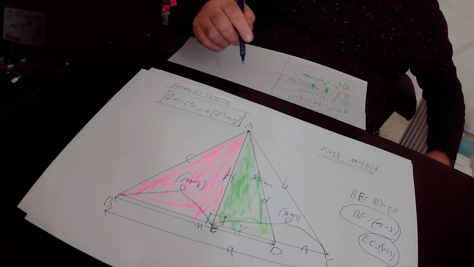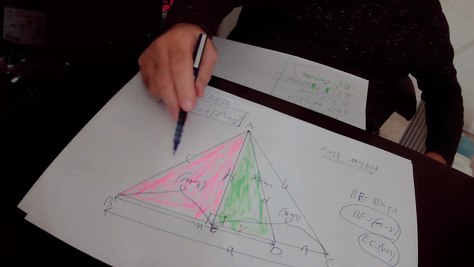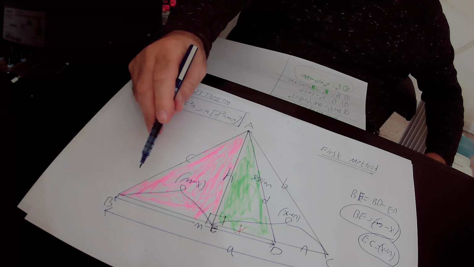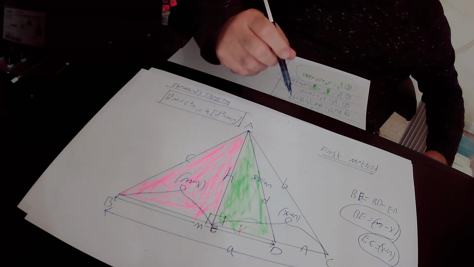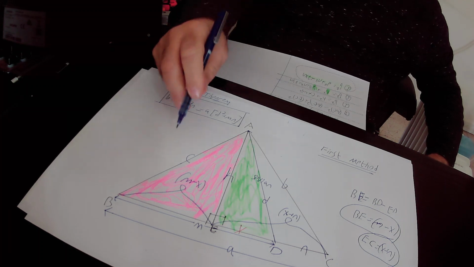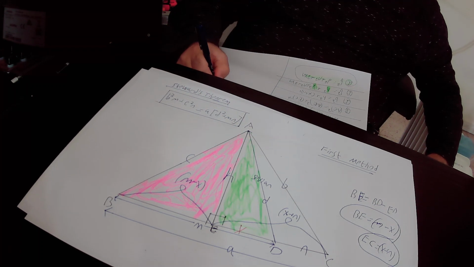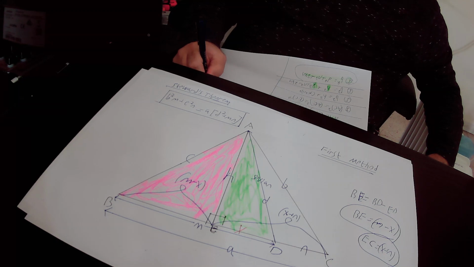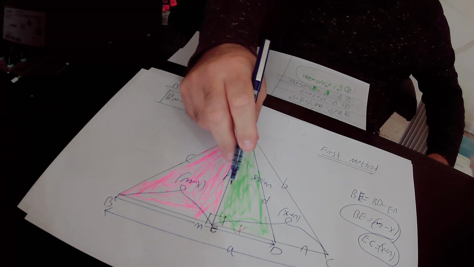According to the Pythagoras theorem, AB squared equals to BE squared plus AE squared. Repeat again, the square of the hypotenuse is AB squared, and it must be equal to BE squared plus AE squared.